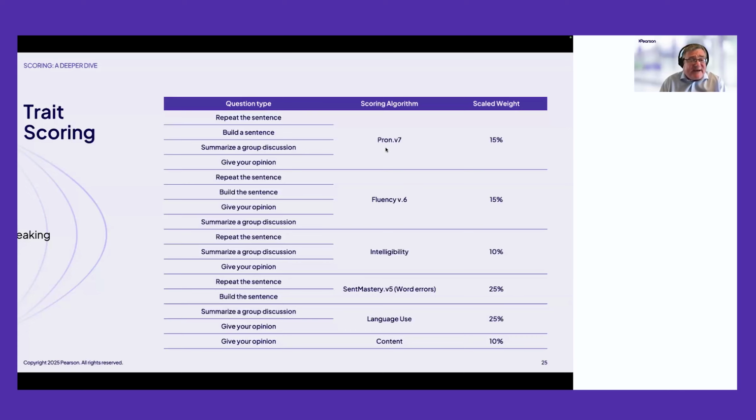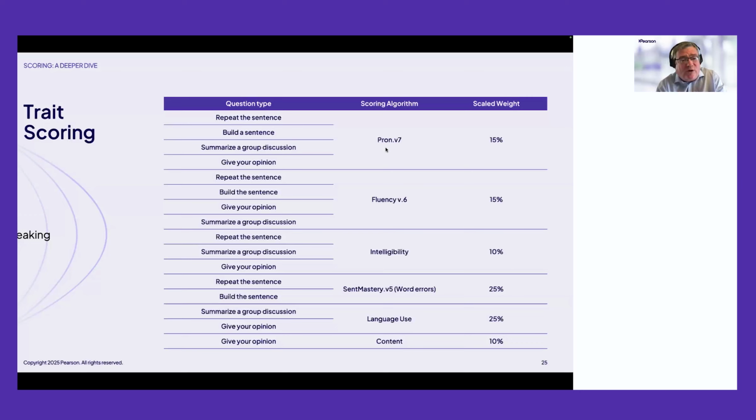So how well individual sounds are pronounced; fluency in terms of the speed at which a test taker speaks, whether they have pauses, filled or unfilled pauses; whether they can be understood, intelligibility, that's another scoring algorithm; how accurate their answers are, so grammatical errors that exist within their speech; appropriacy of language, so language use; and also the content of what they say, whether that's relevant or not. So all of these parameters are measured within those items.